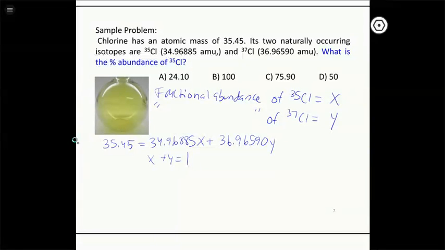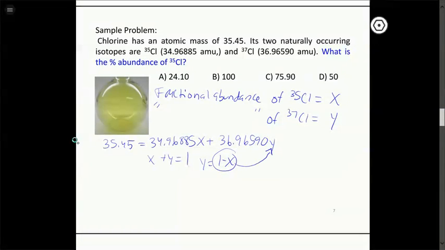So we're solving for the abundance of 35Cl, which we've called X. So we can rearrange this and say that Y is equal to 1 minus X. We take this, we substitute it into the equation. Okay? So we're just doing 2 equations, 2 unknowns, but the second one's a very simple one, X plus Y equals 1. And so now we can substitute for Y, rewrite the equation.